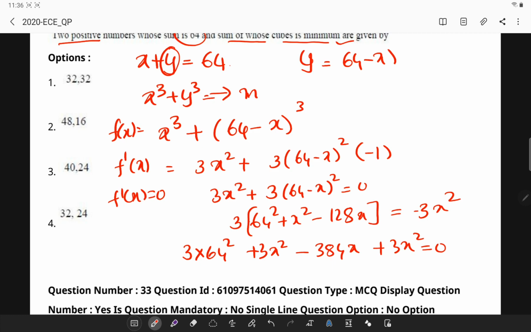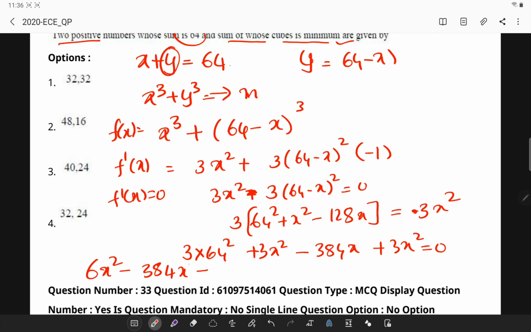So 64 square into 3, and I'll have the equation minus 384x equated to 0.